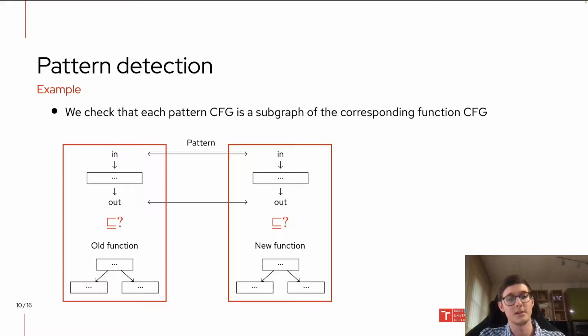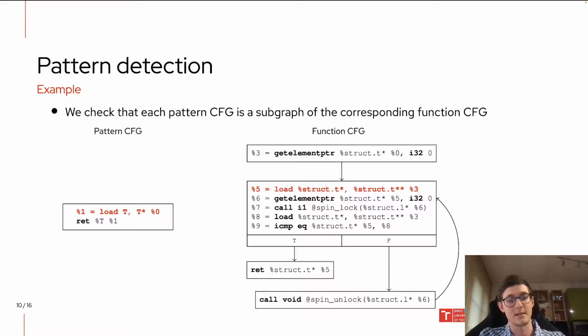And while doing so directly is generally very expensive, we can greatly simplify this problem using the assumption that each pattern control flow graph has a single specific entry point from which we need to start matching all of the instructions. And we can do this simply by following the control flow itself. One thing to note, however, is that at first we only find the subgraph matches for each compared version separately, and this helps us avoid additional computation costs that are related to input matching itself.